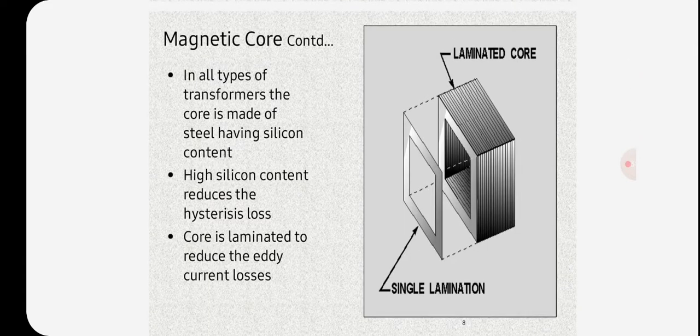In all types of transformers, the core is made of steel having silicon content. High silicon content reduces the hysteresis loss. Core is laminated to reduce the eddy current loss.